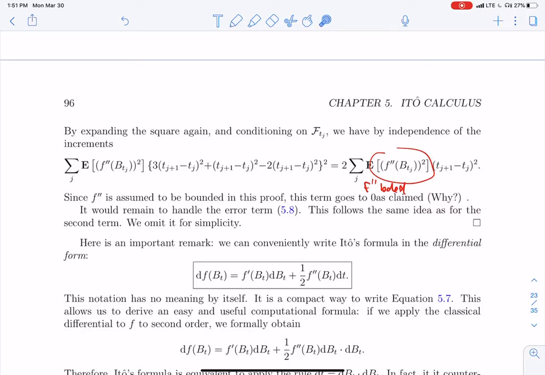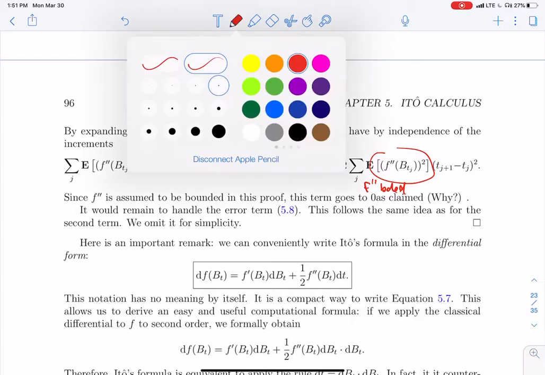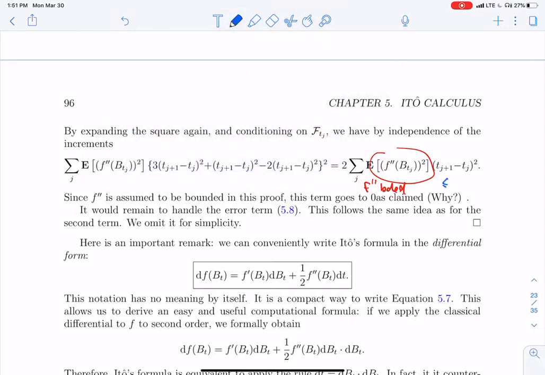Now the sum of t_{j+1} minus t_j squared goes to 0, because, same thing as for the quadratic variation, I can take the maximum of the time increment out of that sum, and then what I get is just the maximum, and then the sum without the square, which is just t. And this goes to 0 because in the partition we always assume that t_{j+1} minus t_j goes to 0 uniformly.